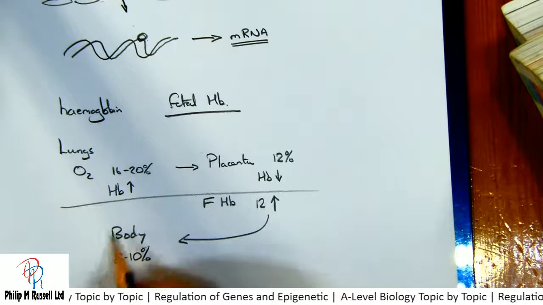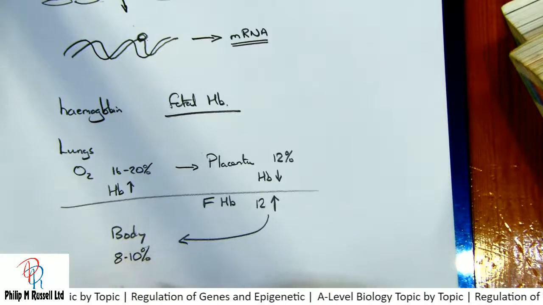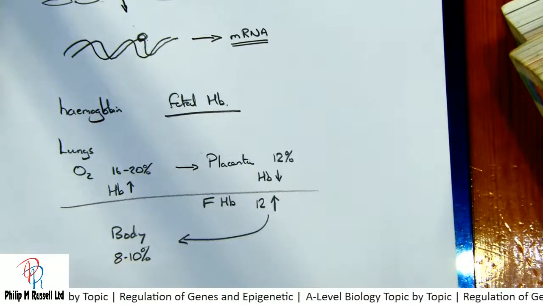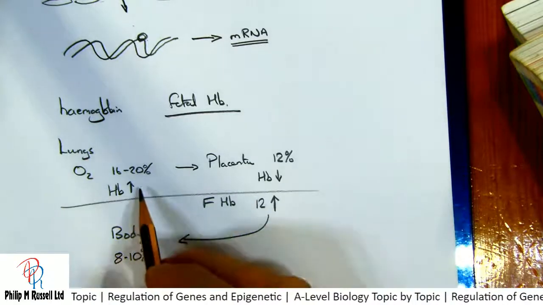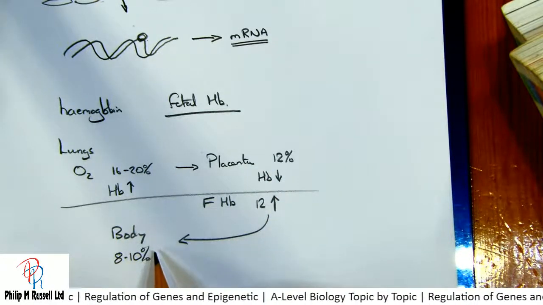So the baby's going to be working on a lower concentration than the adult is, because it's a body designed to run off another body.